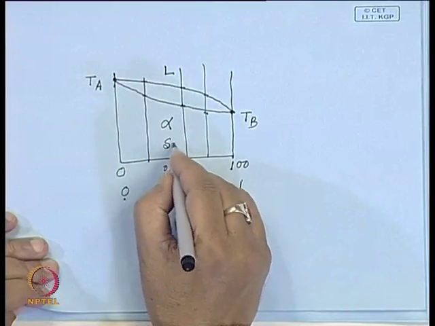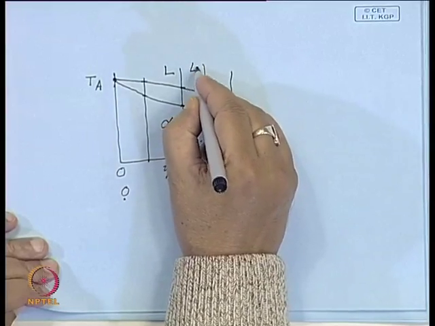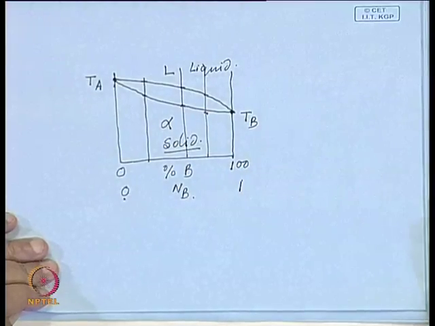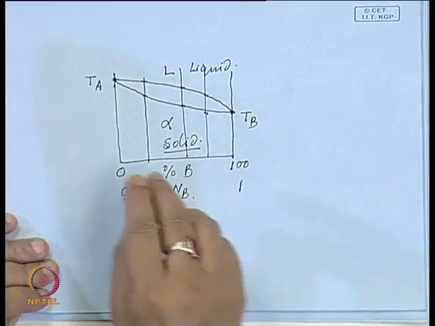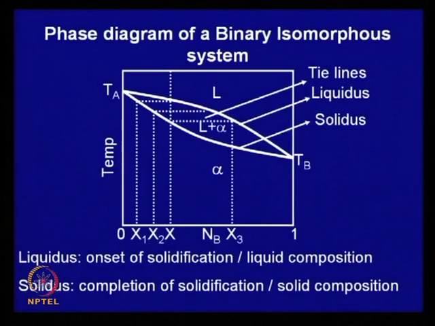So, here it is solid and here it is liquid. The phase diagram describes the solidification range of an alloy, and in this case of a binary isomorphous system, this is a typical phase diagram.